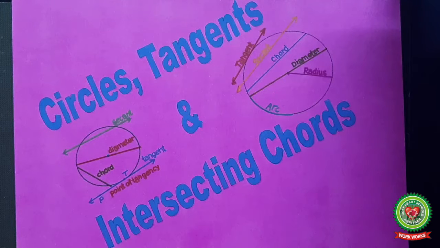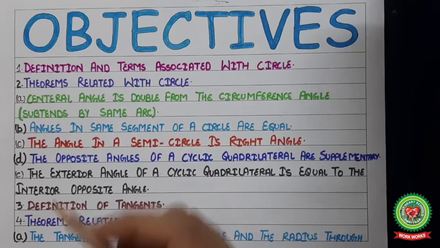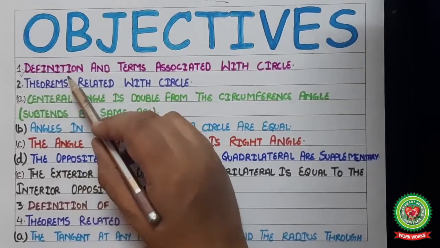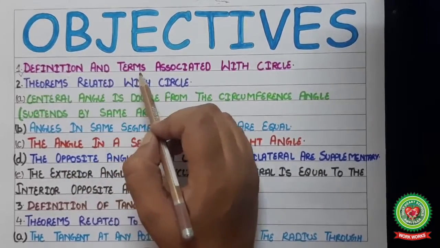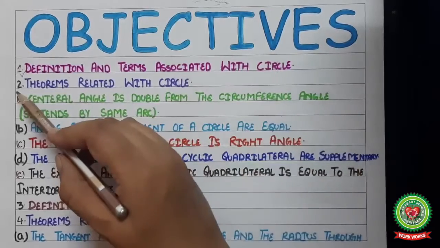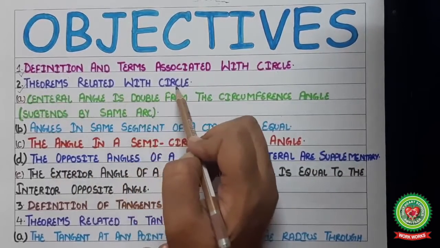So first of all, let's have a look at the objectives of today's class. First objective is definition and terms associated with circle, and second, there are different theorems related to the topic circle.